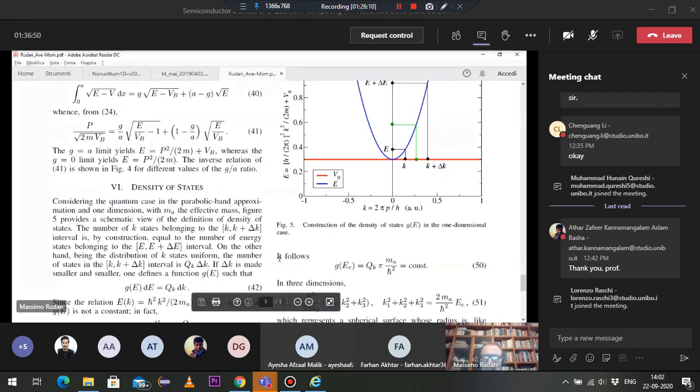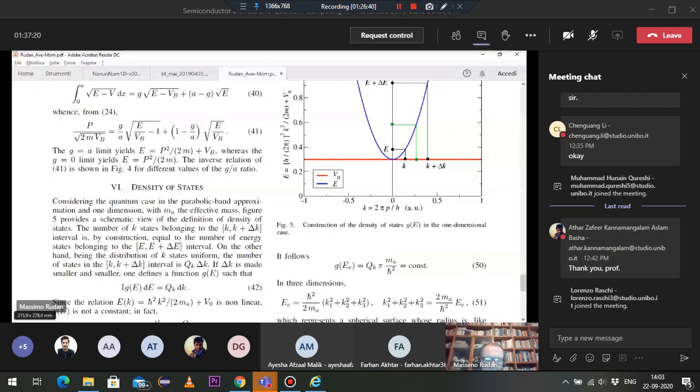Okay? But you see from the figure, to each K, there corresponds an energy. So the number of values of energy that are in the vertical segment, of course, is equal to the number of values of K that are in the horizontal segment, because we have a one-to-one correspondence. But the values of energy are not equally distributed.